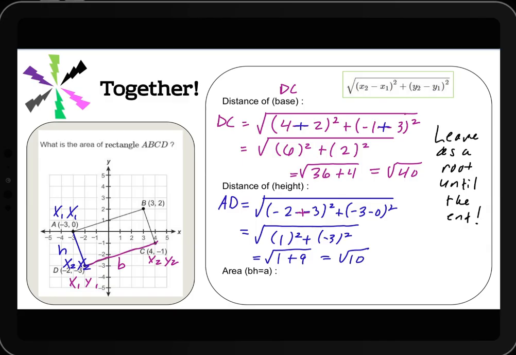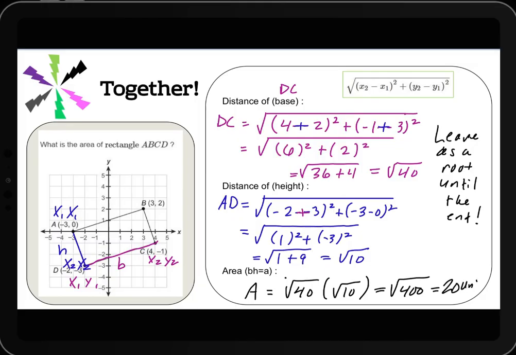There we go. So to calculate the area of the figure now, the base was the square root of 40, and we're multiplying that by the height, which is the square root of 10. That's the same thing as the square root of 400. You can multiply the numbers underneath the square root, and the square root of 400 is just 20.